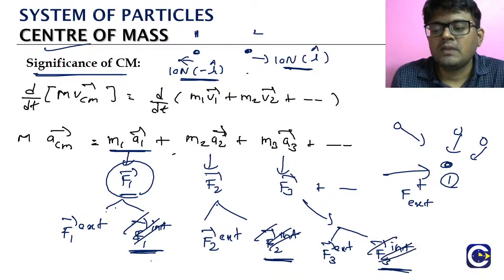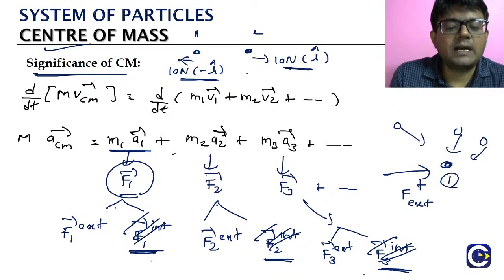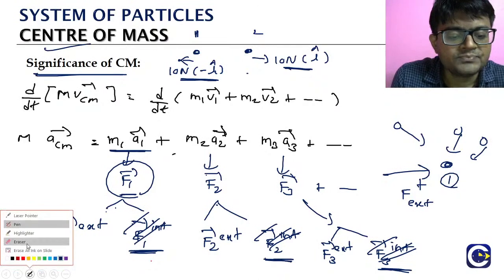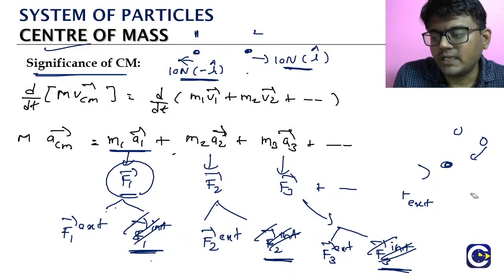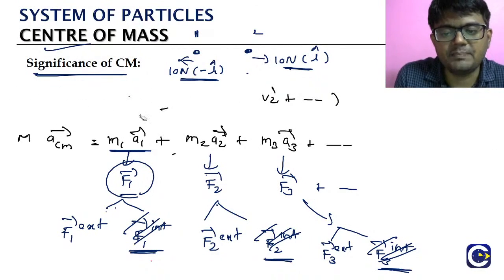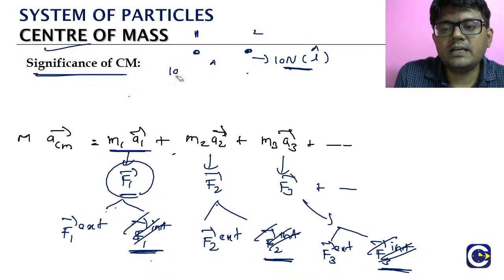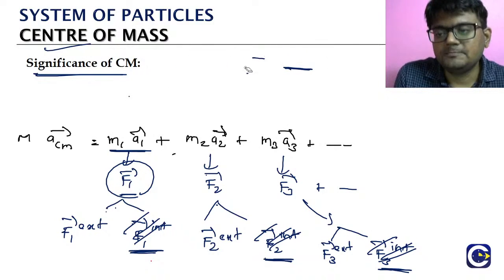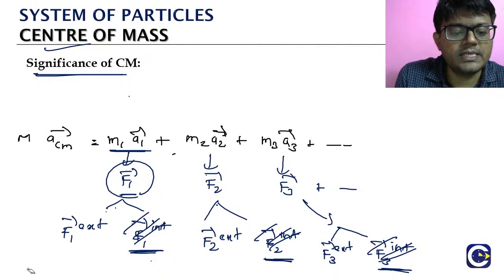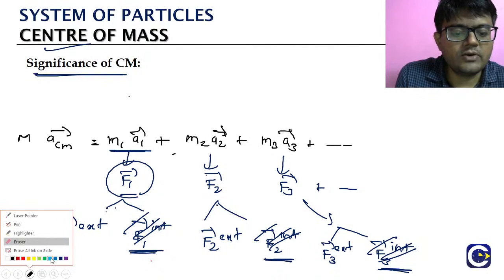So what is the conclusion? The force has two parts: the external part of the force acting on each and every particle, and the internal force part. The total sum of the internal forces becomes 0.